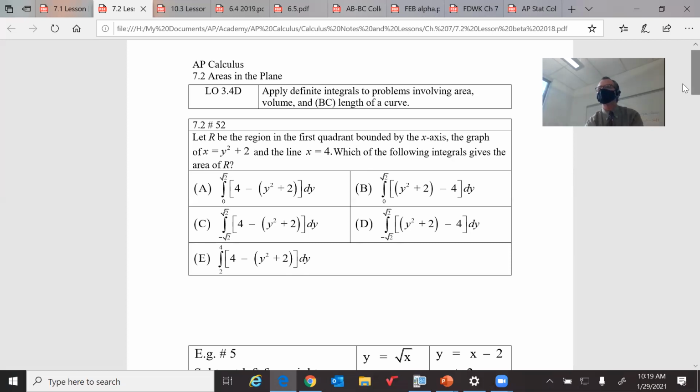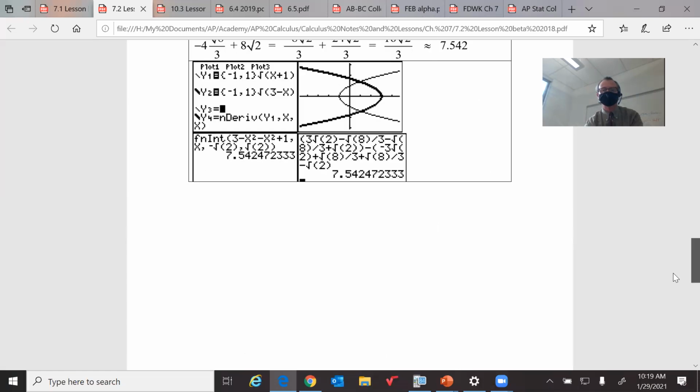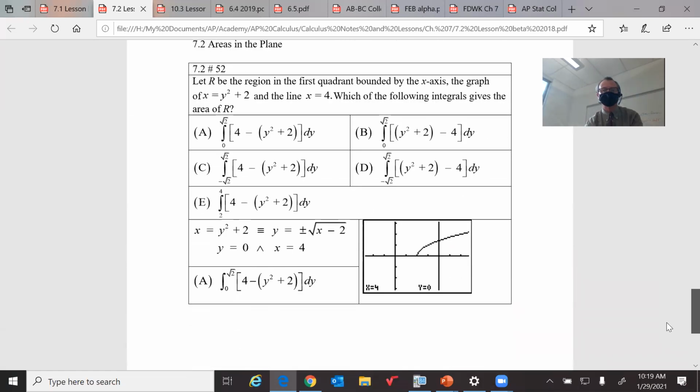Anybody? Okay. What have you got? Well, here's the long way. But what answer doesn't make sense? Tell me what answers there can't be right. C and D, why not?